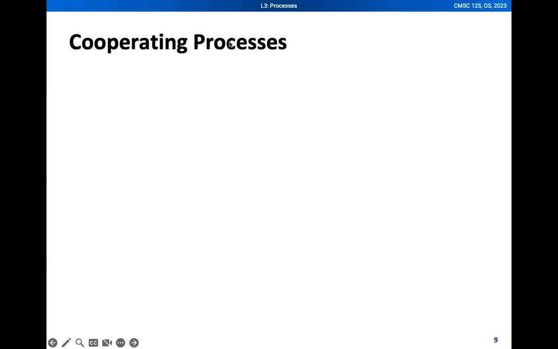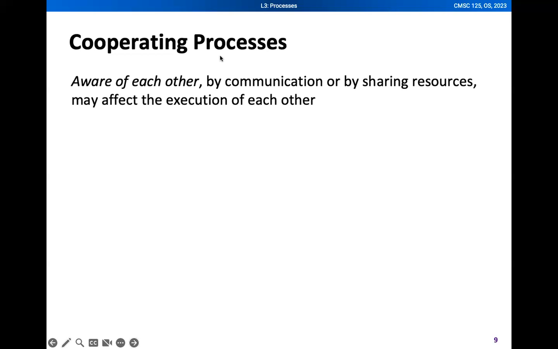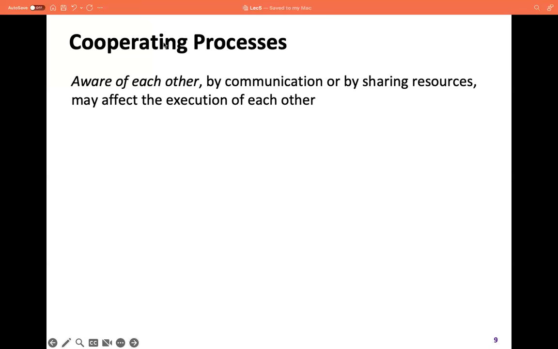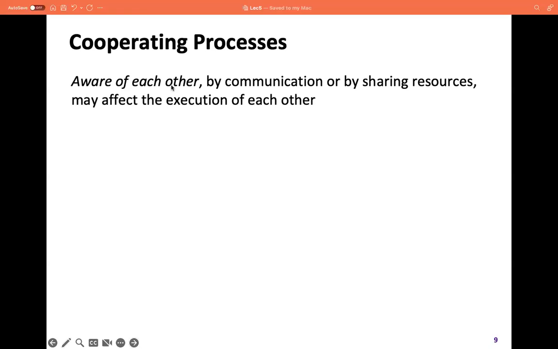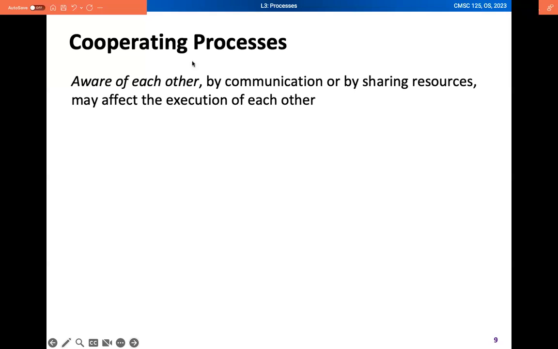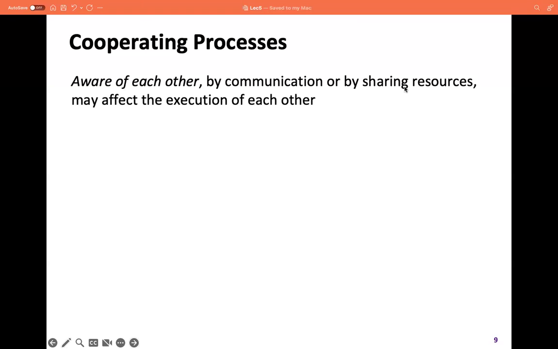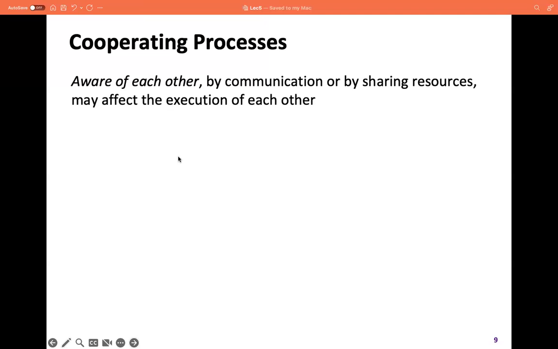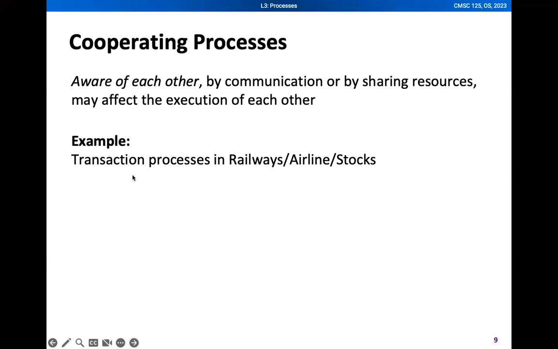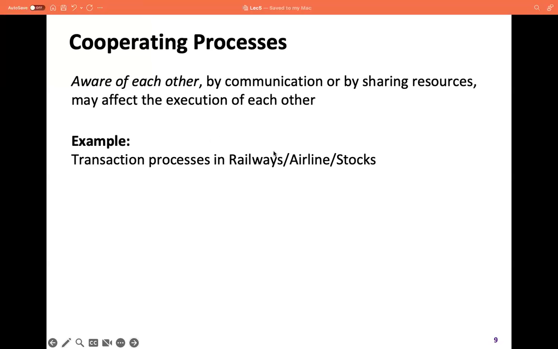What about the cooperating processes? In contrast to the competing processes, cooperating processes are aware of each other, and they do this by communicating or by sharing resources. The problem is this may affect the execution of each other. For example, the transaction processes in railways, airlines or stocks.